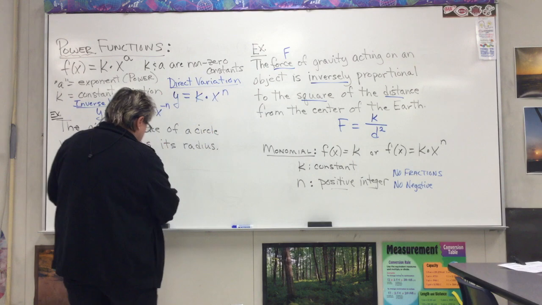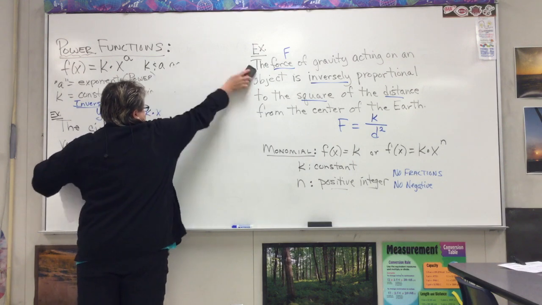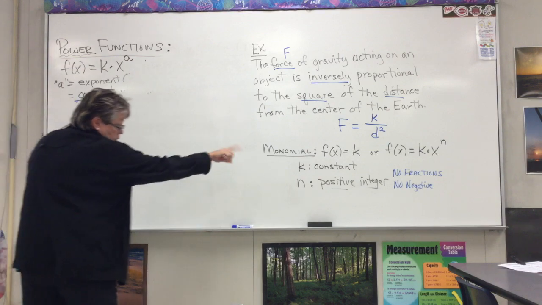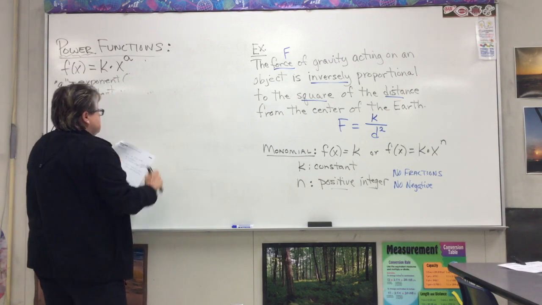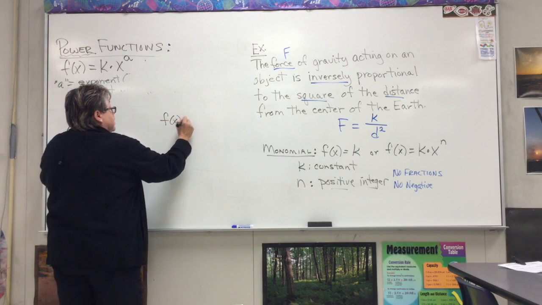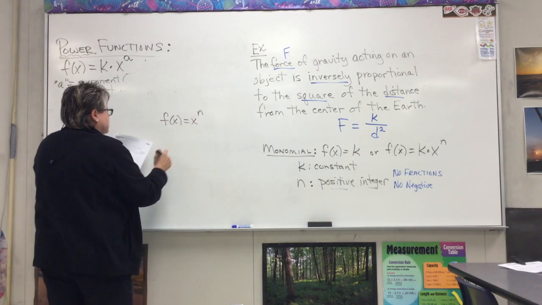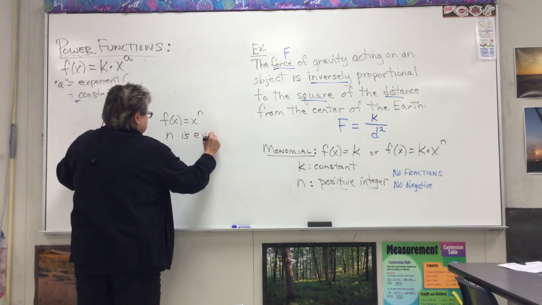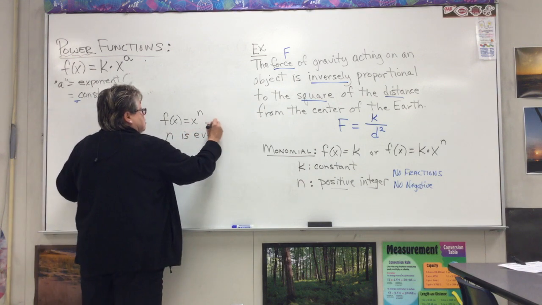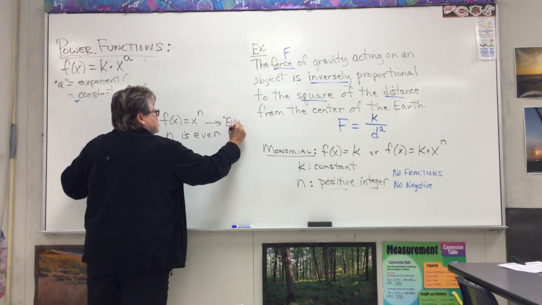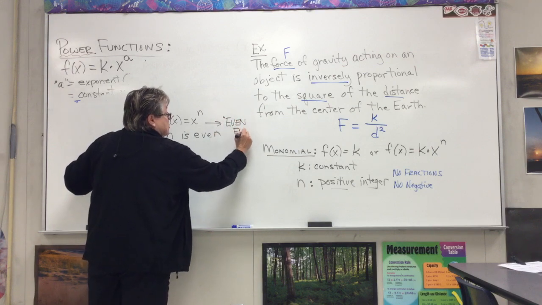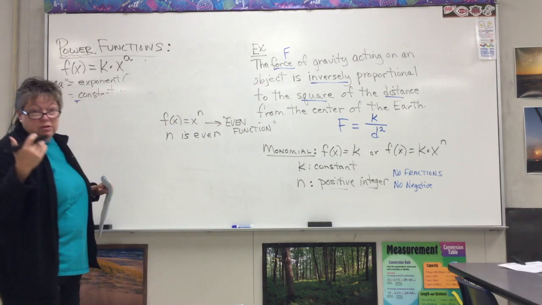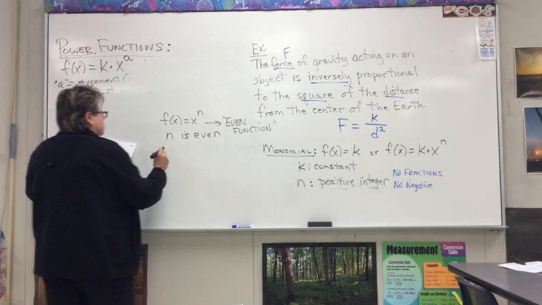And maybe one last thing along those lines. If you have f of x equals x to the n, and you observe that n is even, that's going to tell you right away you have an even function. We've been talking about evens and odds, and I don't know that we've ever really summarized that, but if your exponent's even, you have an even function.